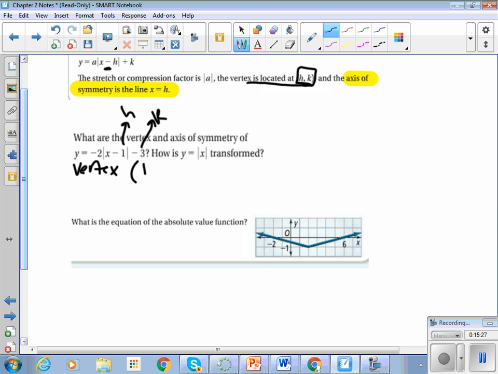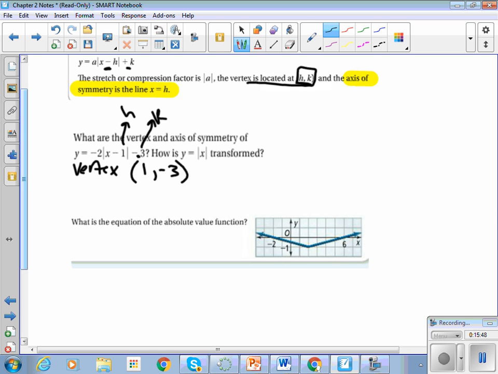And in here it's plus k, so if I have a minus here, it is actually minus. So I always remember it as, if I'm inside, it's opposite. If I'm outside, it's just the way it is. Same. So my vertex is at 1, negative 3.